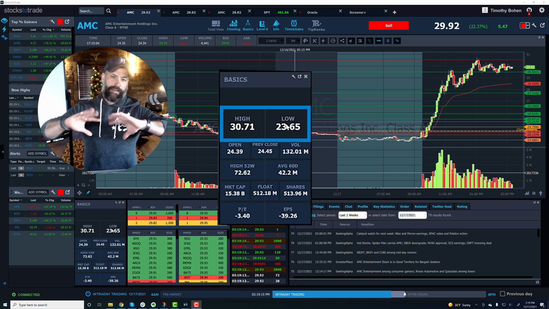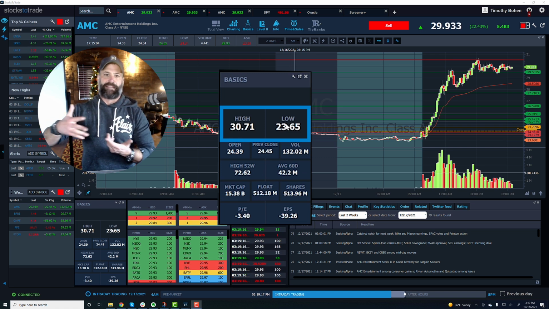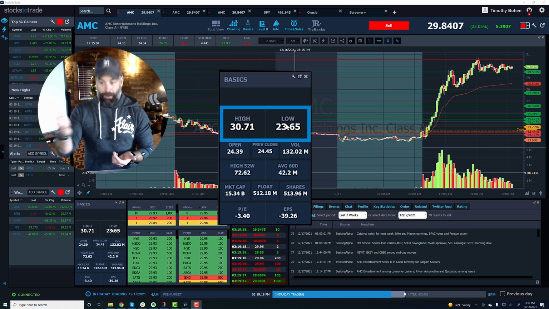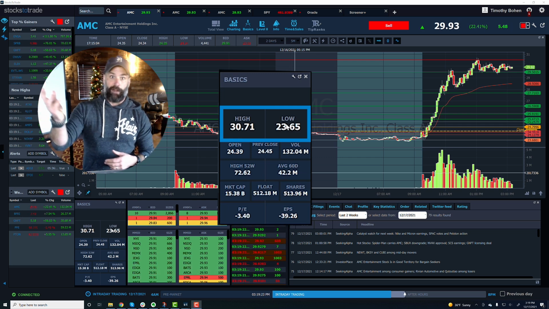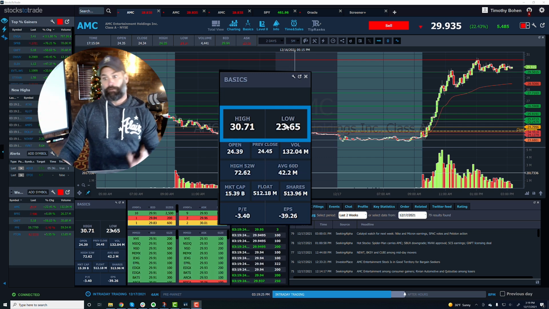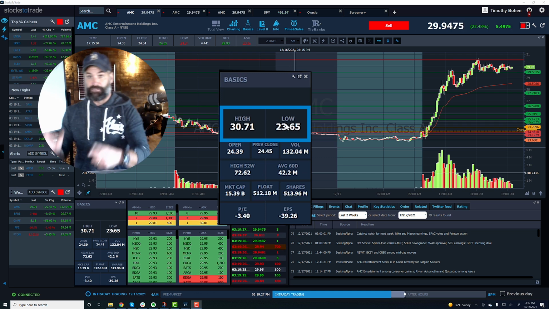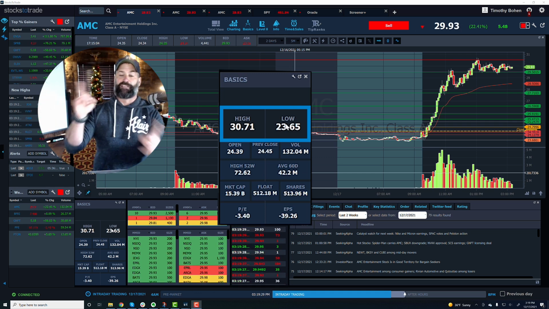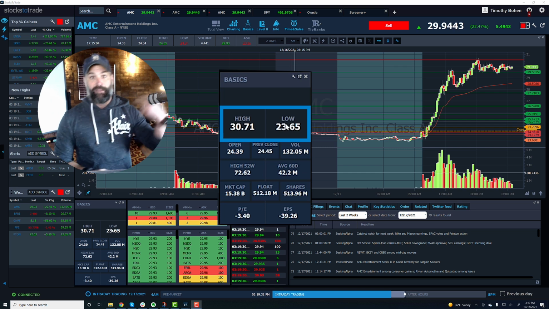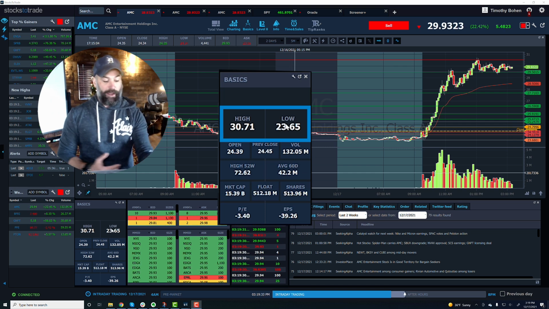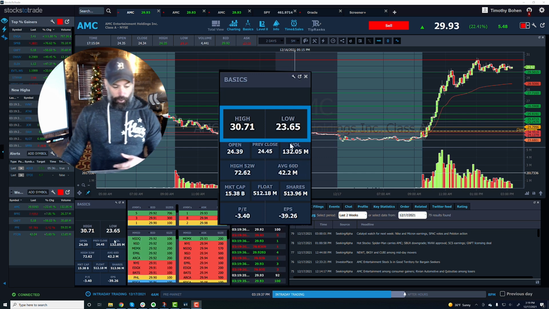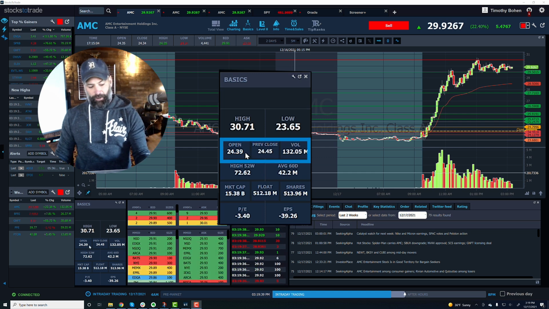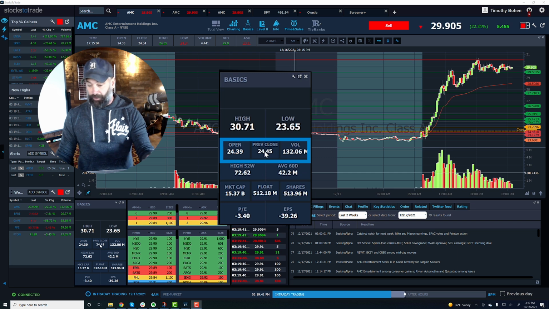When shorting, you're just flipping that chart upside down and you're looking for panic. When we're going long, we're looking for euphoria, greed. When you're shorting, you're looking at fear. The two words that drive the stock market more than anything: fear and greed. So if you're shorting, if you're looking at those breakdowns, you look at the low of the day. Then I can see the open price and the previous close.